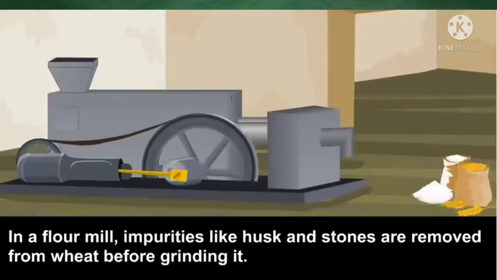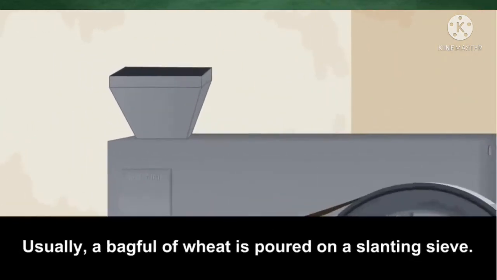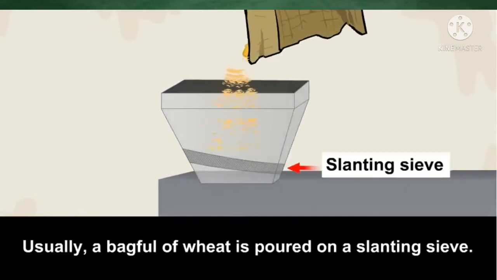In a flour mill, impurities like husk and stones are removed from wheat before grinding it. Usually, a bagful of wheat is poured on a slanting sieve.